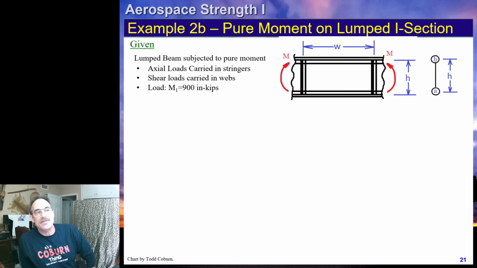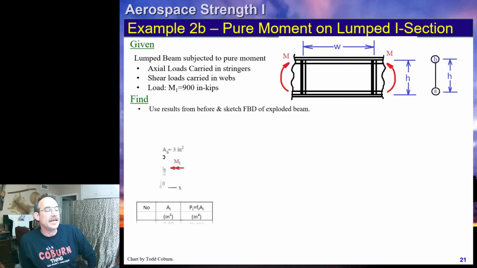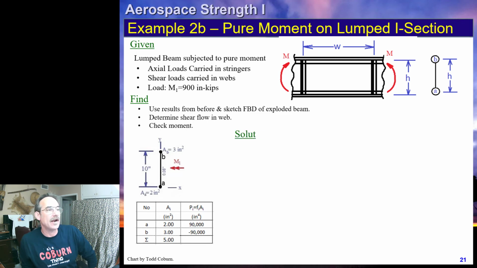If we pretend that this is a lumped section, that means we're going to pretty much ignore the skin for purposes of carrying axial load. We'll carry all the bending moment as a couple between these two caps. Okay? That means this is what we see. We actually have two caps with this bending moment applied like this. We can calculate our properties as we see there.